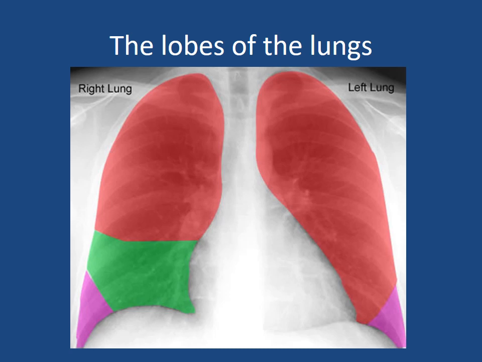The right lung is divided into three lobes: the upper lobe, the middle lobe, and the lower lobe. In the left lung, there's just an upper lobe and a lower lobe. So when we come to look at pathologies, having some knowledge of this anatomy helps us to decide what part of the lungs that pathology might be in.